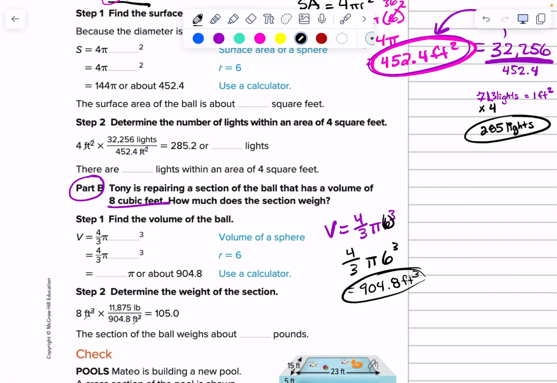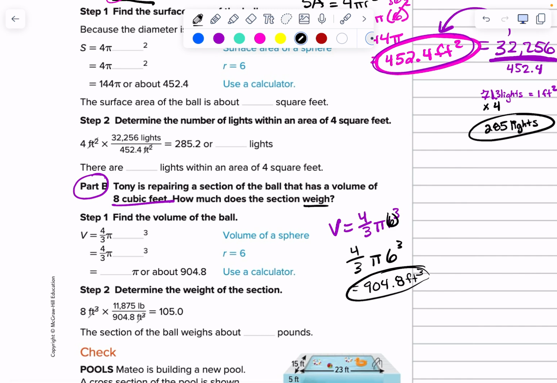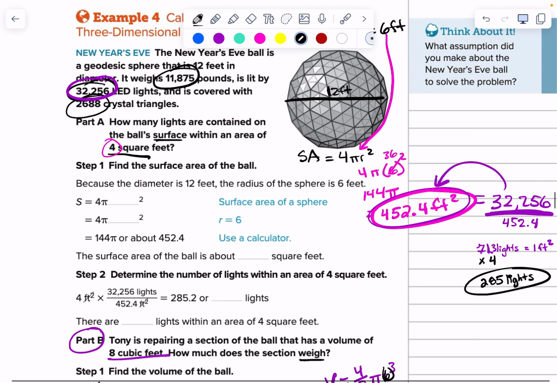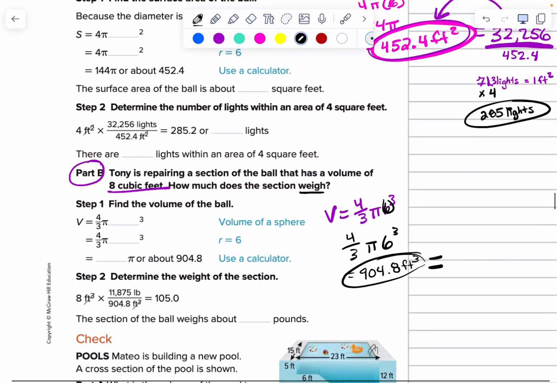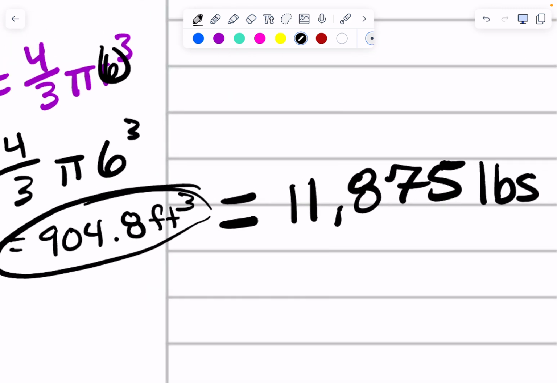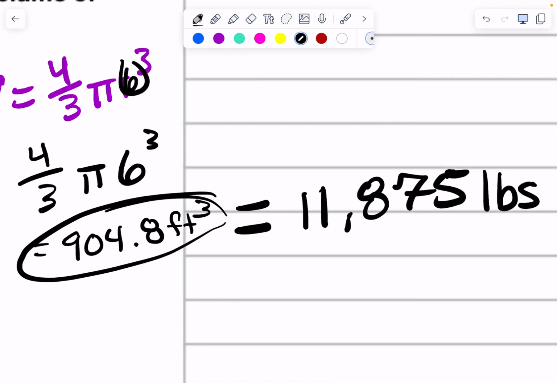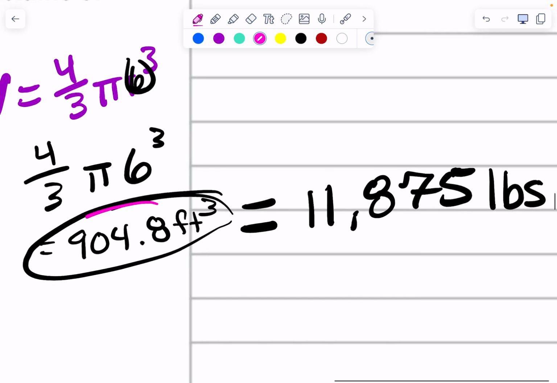Okay. And I want to know the weight. So in that almost 905 cubic feet, the weight of it is 11,875 pounds. So that many cubic feet weighs almost 12,000 pounds. So how many pounds is 1 cubic foot?